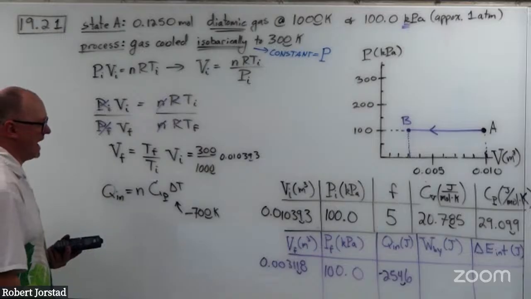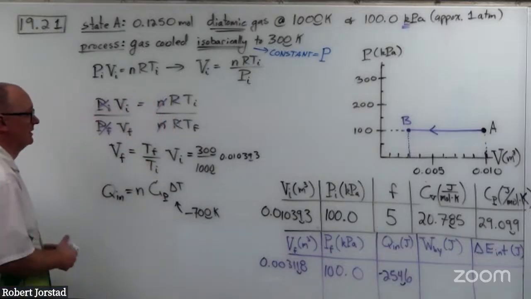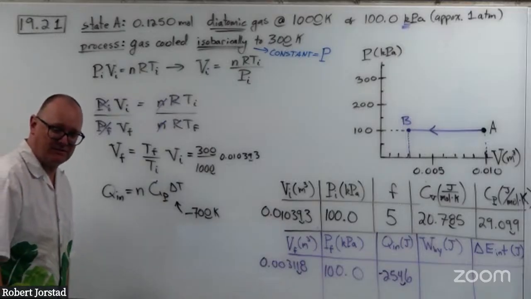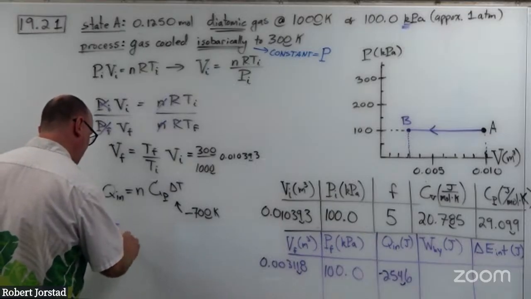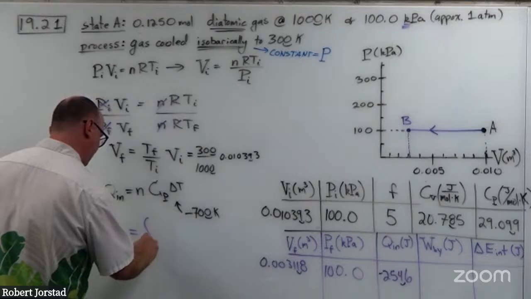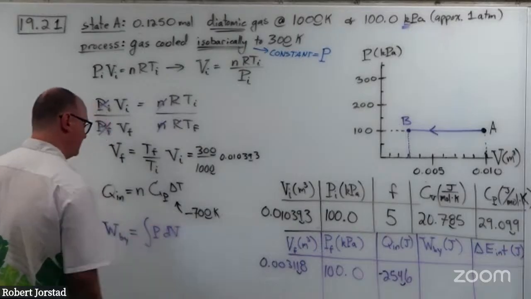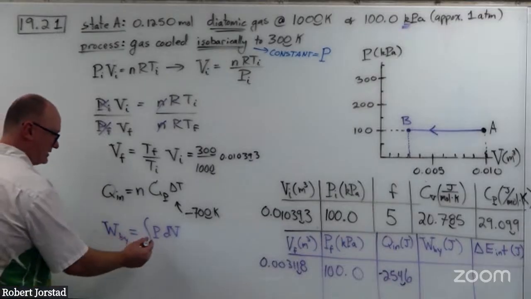Work done by. I guess, let's just do it. Pause the video if you want to try it yourself. Here I go. The general condition, work done by, is equal to the integral of P dV. Now, if P is a constant, that factors out.